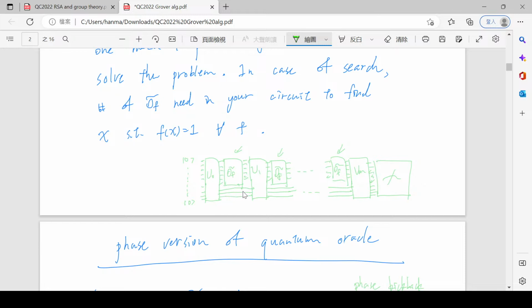And also there may be some unitaries that act on more qubits than your oracles. Anyway, the query complexity is just the number of layers that contain the oracle here. So the query complexity is just how many of those oracle calls we have in our algorithm.